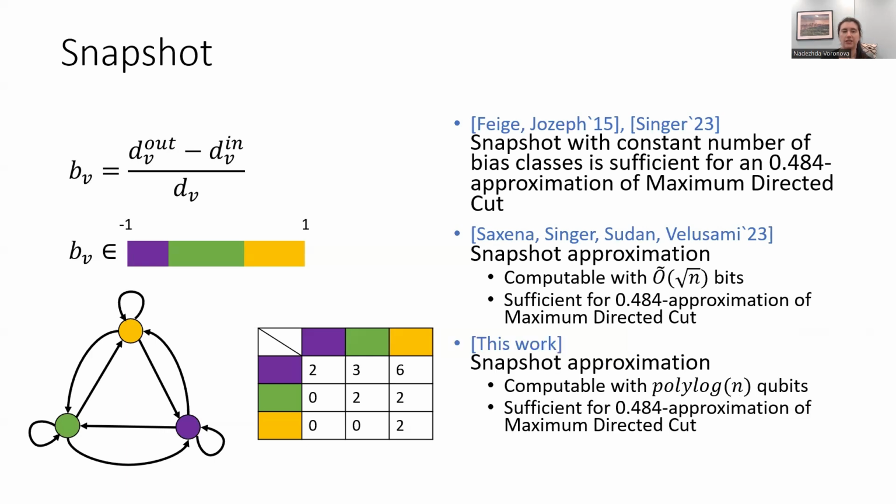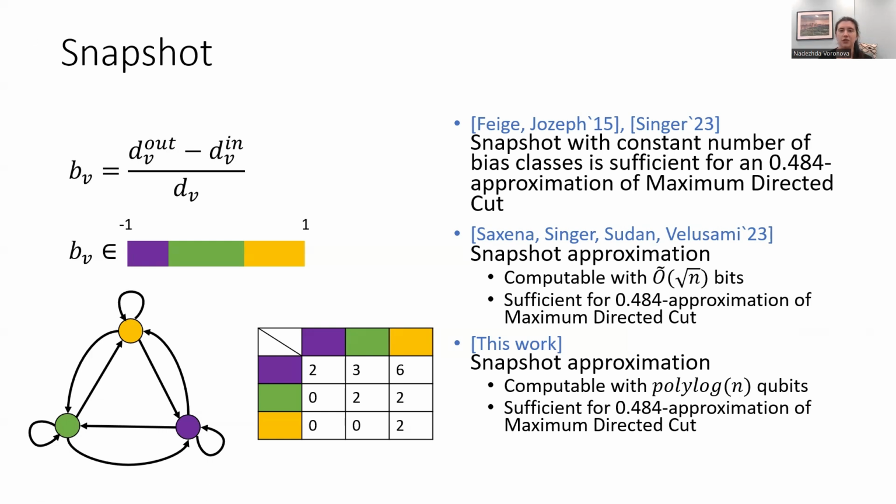We show that a different approximation of the same snapshot is computable in polylogarithmic number of qubits, and is still sufficient for 0.484 approximation of maximum directed cut.